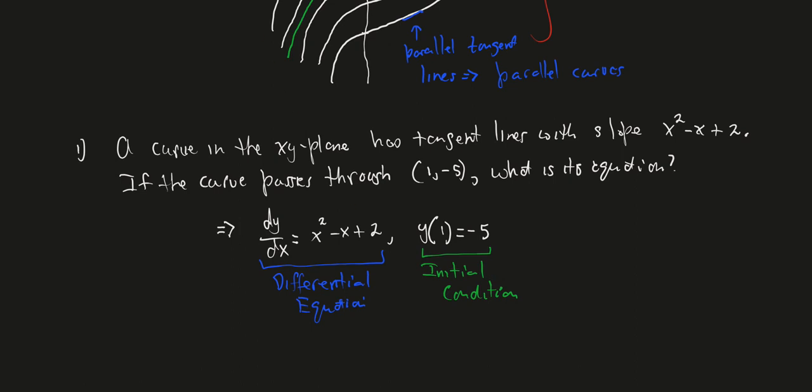When you have a differential equation, something that involves a derivative, and you have an initial condition, and you're going to use these two things to figure out what the original function is, these two things together define what we call an initial value problem.